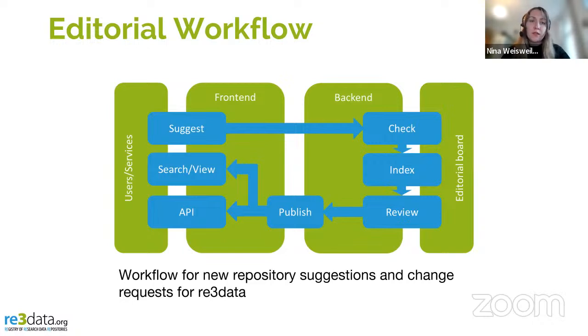It's also really helpful for us if users, and also repository operators, suggest new entries or update their information within re3data. And then, if it is available via re3data, you can look at it through the web interface, but also via an API.